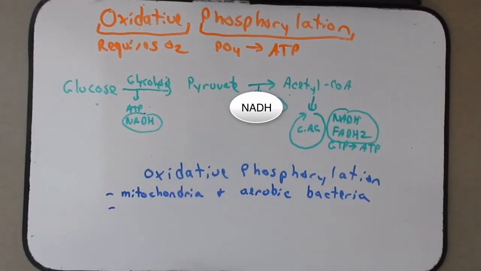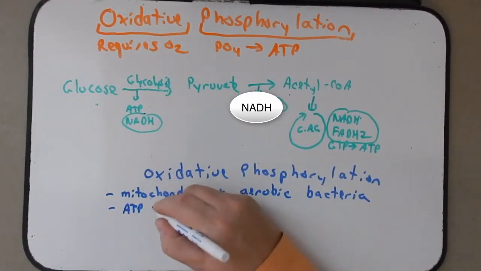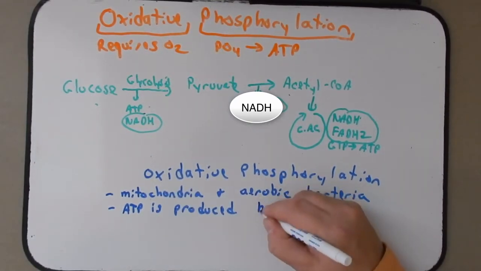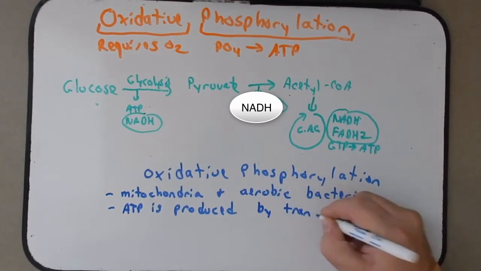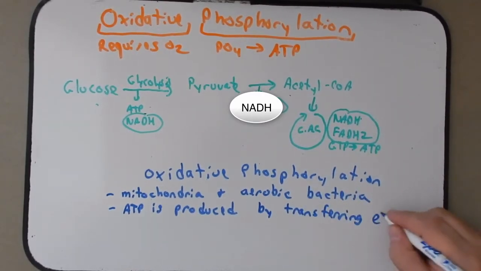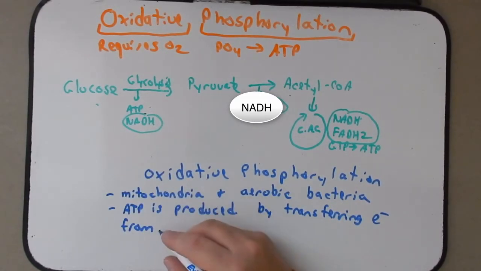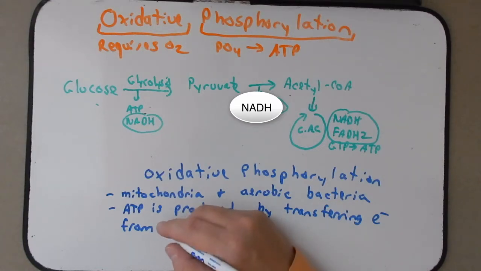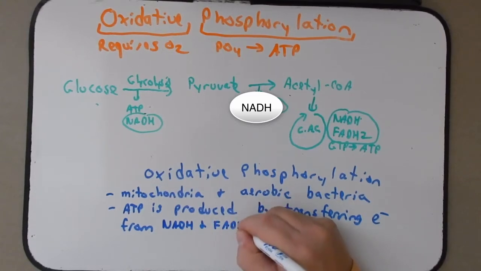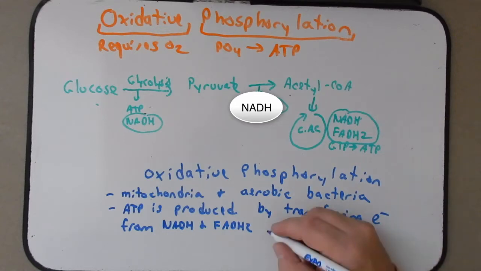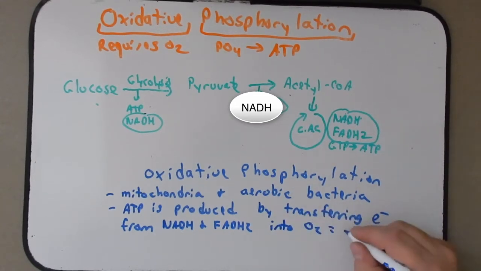During oxidative phosphorylation, ATP is produced, and it does so by transferring electrons from initially food, but ultimately what we're going to work with are these activated carriers. So we're going to get it from NADH and FADH2. And we're going to transfer those electrons ultimately into oxygen to form water.